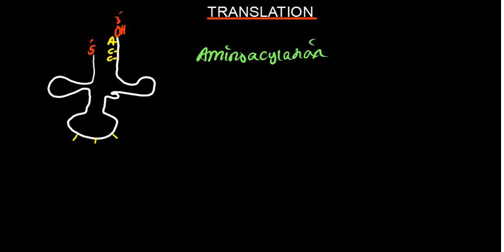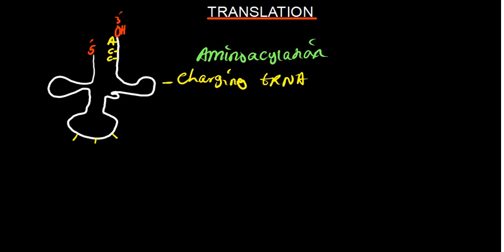So aminoacylation, this is the process of charging tRNA. So tRNA, transfer RNA, this is the molecule which is capable of transporting these amino acids from the cytoplasm to the ribosomes. That is only if that amino acid becomes active.